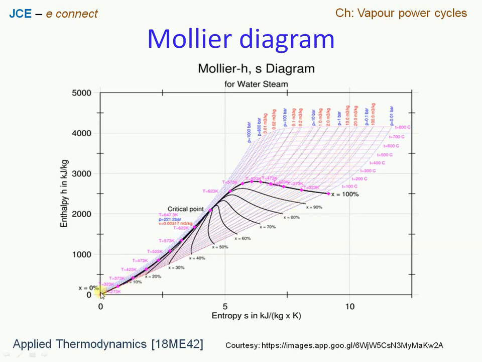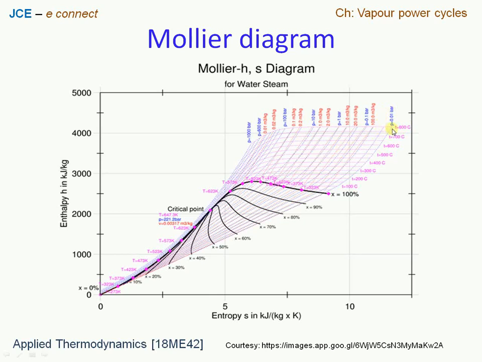The blue curves indicate the pressures existing along these curves. We see that the pressure varies from 0.01 bar, then 0.1 bar, 1 bar, 10 bar, 100 bar, likewise 600 bar, and all the way up to 1000 bar. Clearly some data in between is not shown here, but we can find it out based on interpolation.